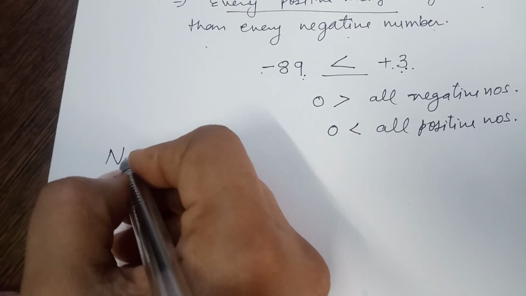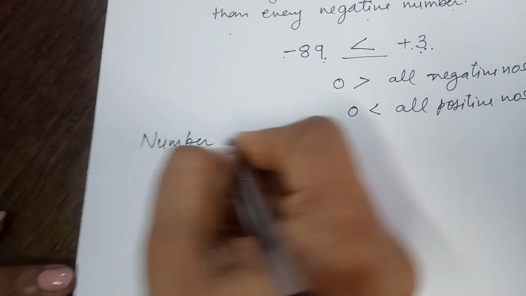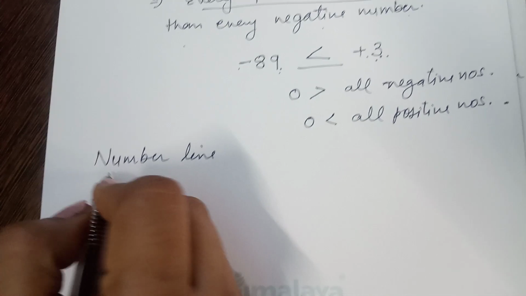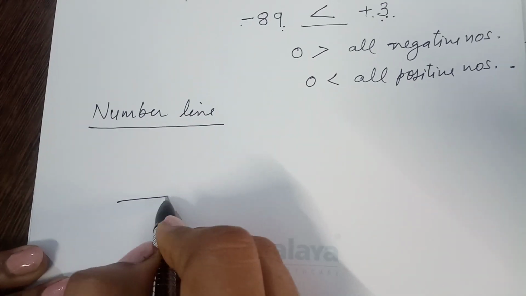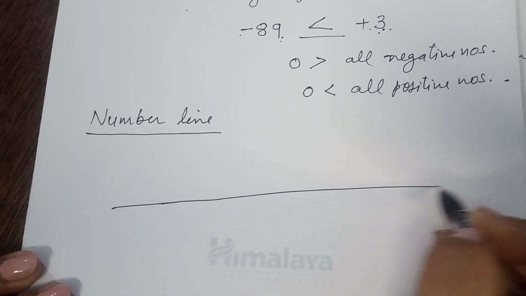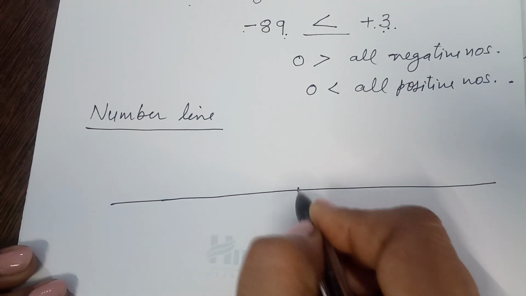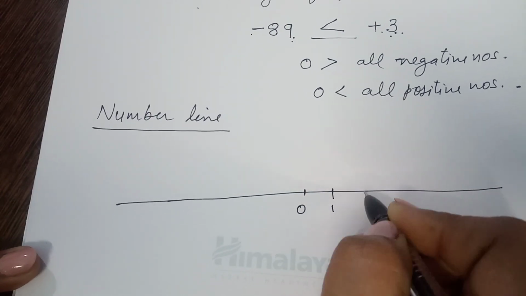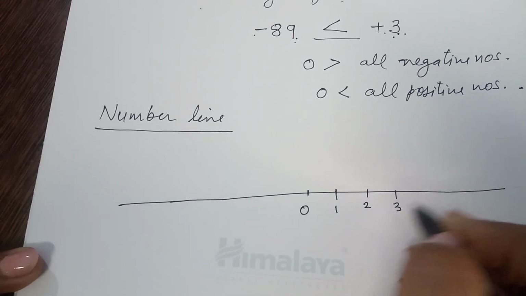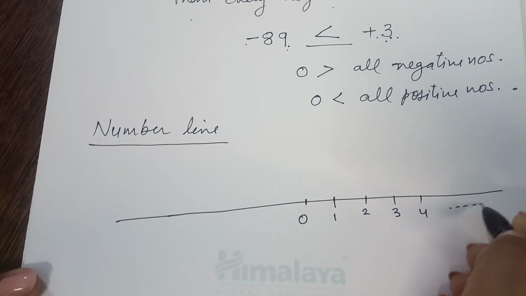Now, let's discuss the number line. How do we represent integers on a number line? In the middle, 0. On the right side, all positive numbers 1, 2, 3, 4, and so on.